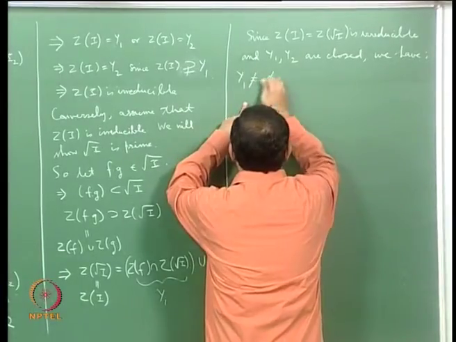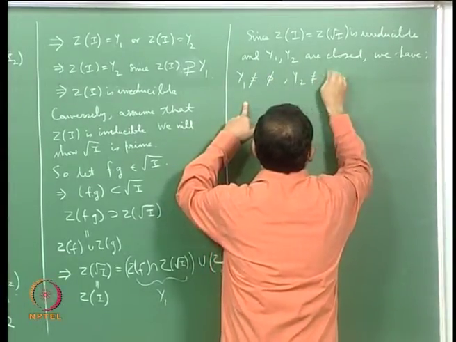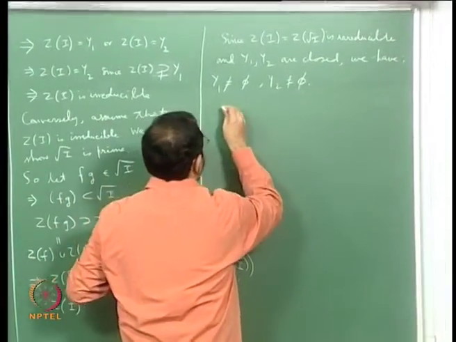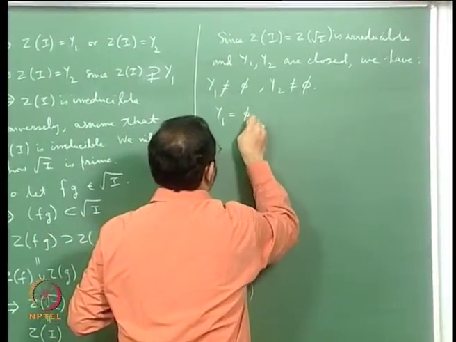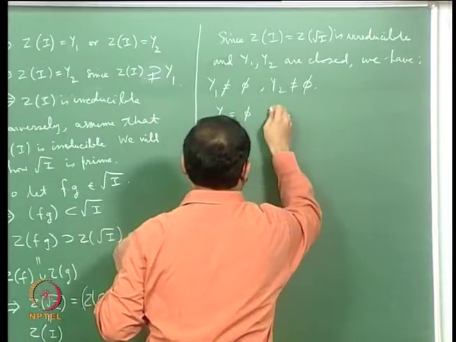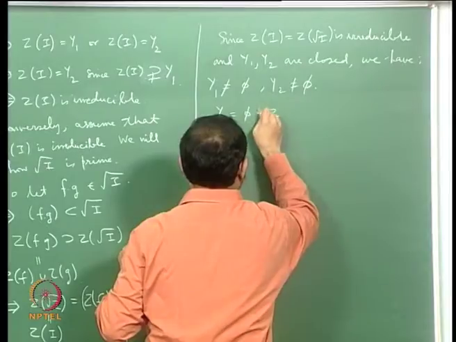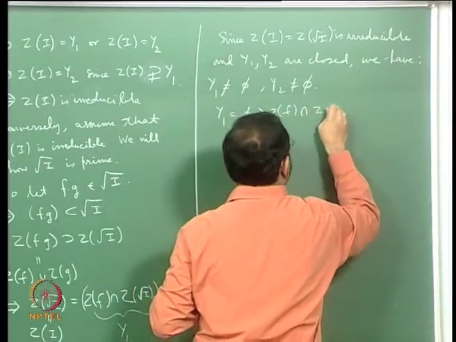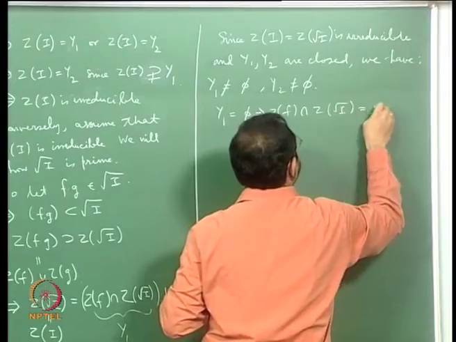So I want to say y1 is non-empty, y2 is non-empty. Okay, so let's write down: if y1 is empty, that will imply that Z of f intersection Z of rad I is empty.